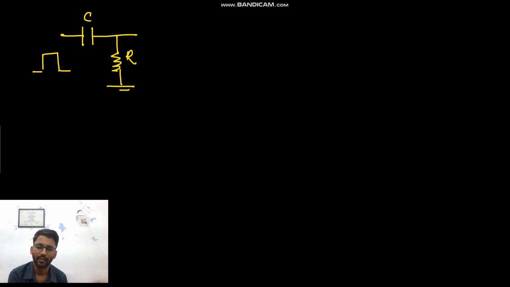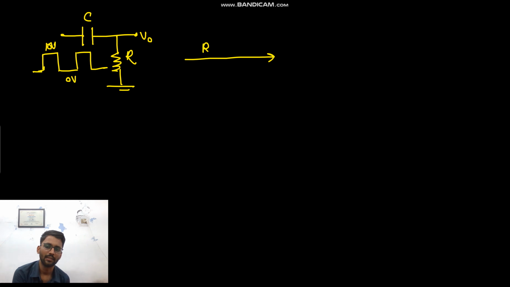And the second one, C and R. Here we had this input, 10, 0, 10, 0, 10 volt and 0 volt, and this is V naught. This was the RC high pass filter.